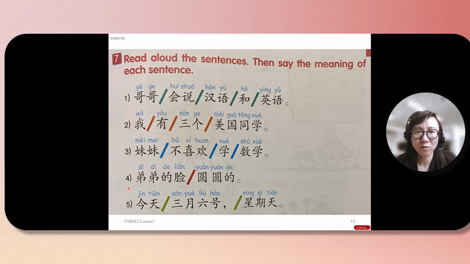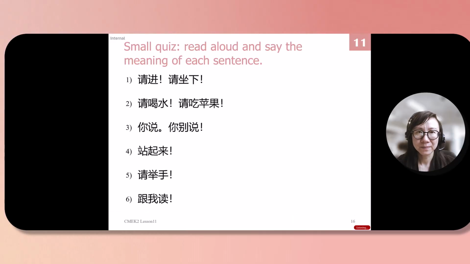So the sentence number 4 means younger brother's face is round. 第5，今天3月6号，星期天。Now let's have a look at the small quiz.